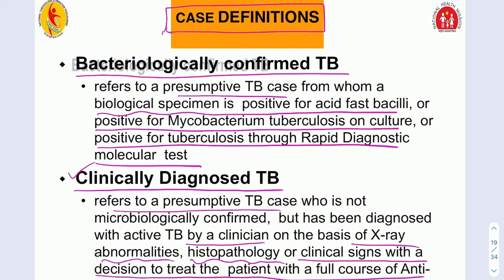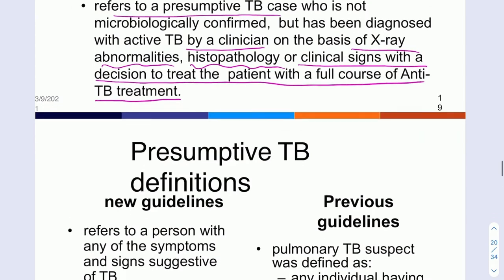So that means clinically diagnosed TB means someone who does not have any positive sample for acid-fast bacilli, but his or her X-ray is suggestive of tuberculosis, or he has some clinical signs because of which the clinician decides to give a full course of anti-tubercular treatment. So that is about bacteriologically confirmed TB and clinically diagnosed tuberculosis.